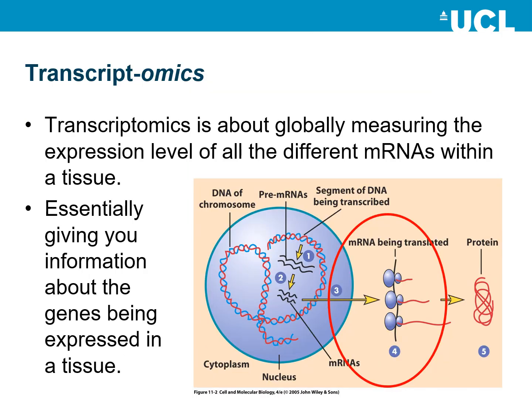Moving on to transcriptomics. Transcriptomics is all about measuring the messenger RNA levels, these messenger RNAs that are being expressed by cells. So it gives you information about how much particular genes are being expressed into messenger RNA that then produces protein.